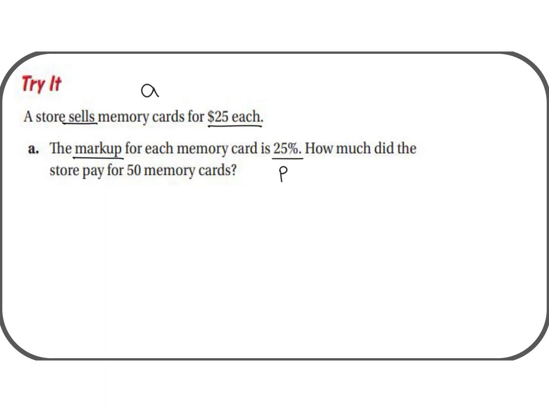So just like when we were solving for an original price in discounts, I can only use method 2 here and say that 25 over my original price would have been, right, it's 100% is the original price, and my markup added 25%.